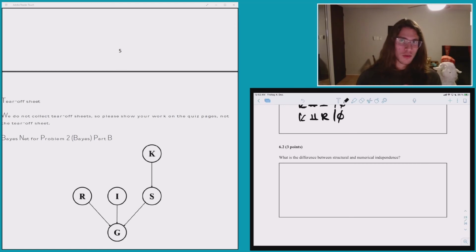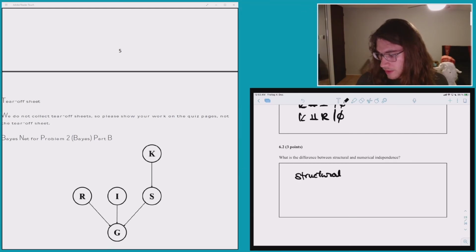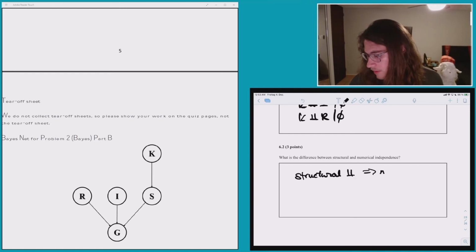The structure of the Bayes-net is such that if they are structurally independent, they are numerically independent. So let's actually write that. Structural independence implies numerical independence.